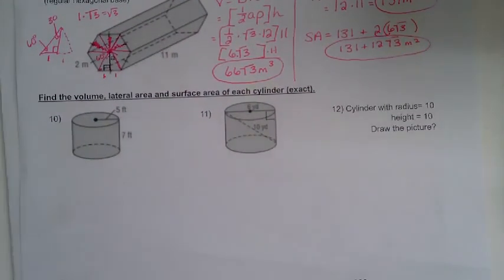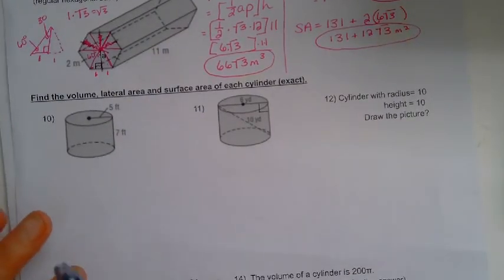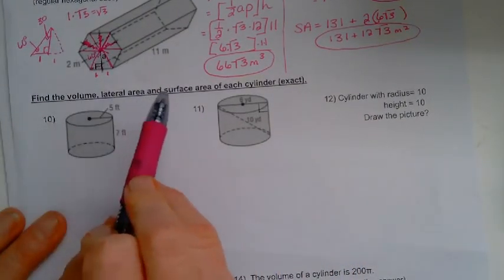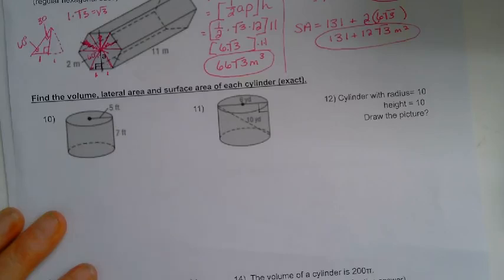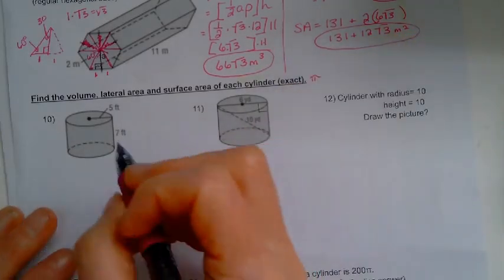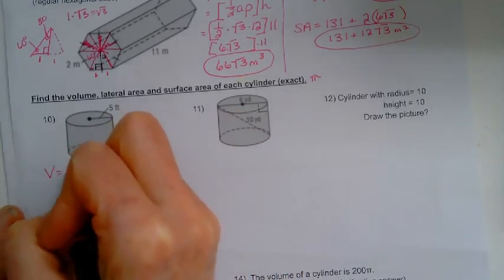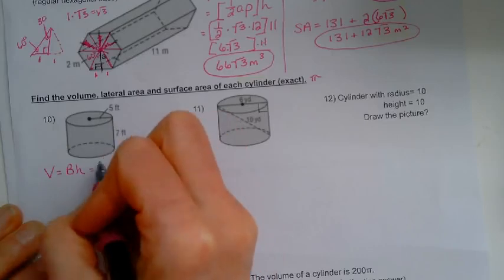Okay, number 10. Find the volume, lateral area, and surface area of each cylinder. This time also we want the exact, so that means leave pi as pi. The volume is equal to the area of the base times the height, but we know the area of the base is pi r squared, so it's pi r squared times the height.